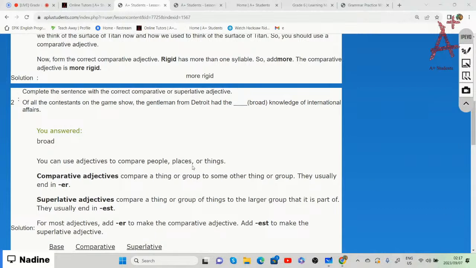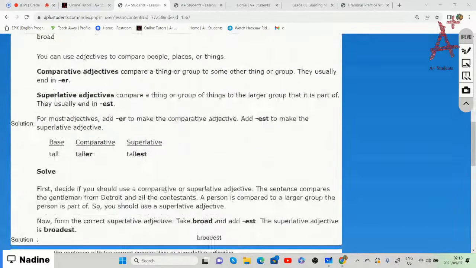So we need to first ask ourselves, is this a comparative adjective, meaning it is comparing two things, or is it comparing more than two things? In this case, it is international affairs, so more than two things are being compared.